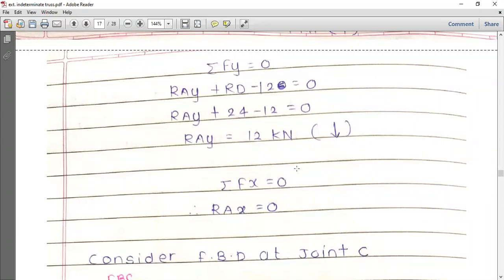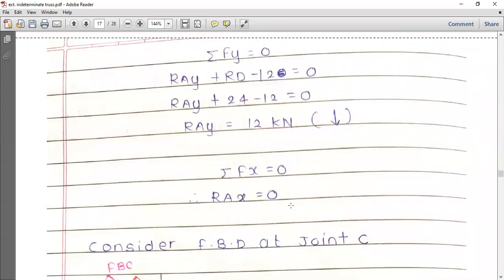Now we'll apply summation Fx equal to 0 to that diagram. Of course, in the total diagram there is no application of horizontal force. That's why there will be no generation of any horizontal reactive component, so RAX will be 0.